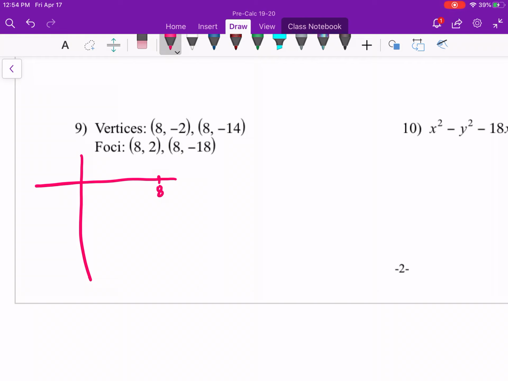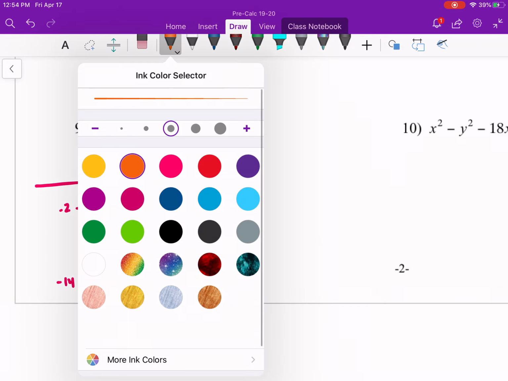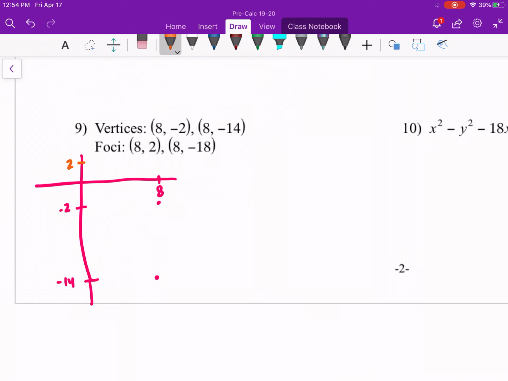So 8, -2, beautiful. And then -14 is down here. Great. My foci are at 8, +2. Oh no, +2. And 8, -18.